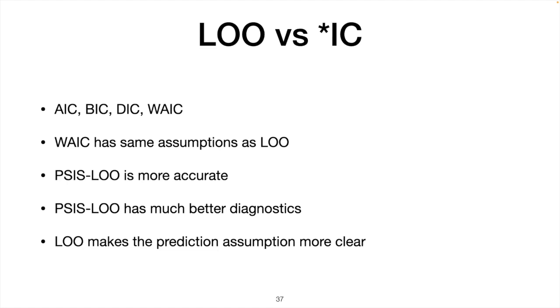WAIC has the same assumption as leave-n-out cross-validation, but if we are running Pareto smoothed importance sampling, it's more reliable than those information-criterion-based metrics, because they often make some normal assumptions. When you are running leave-n-out cross-validation, you don't have any normal assumption, and it's also more accurate.